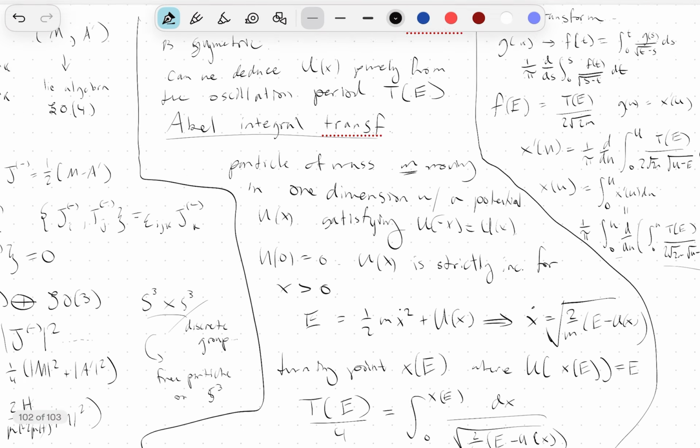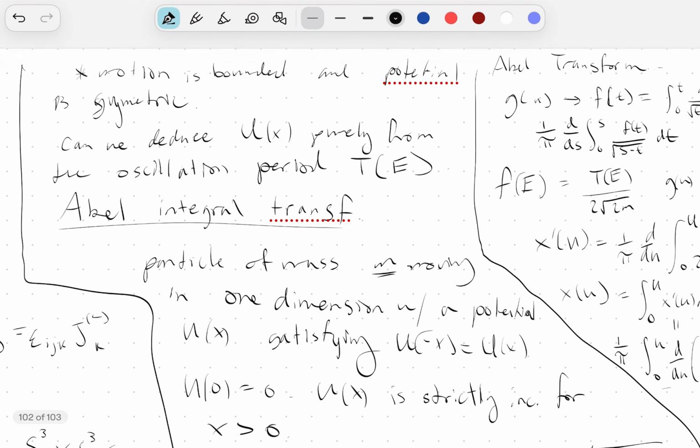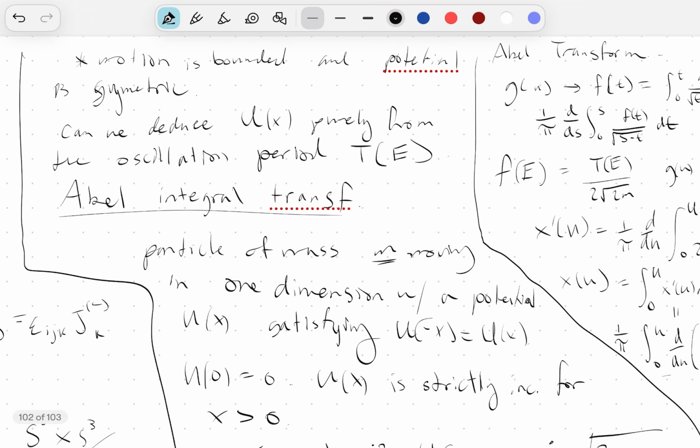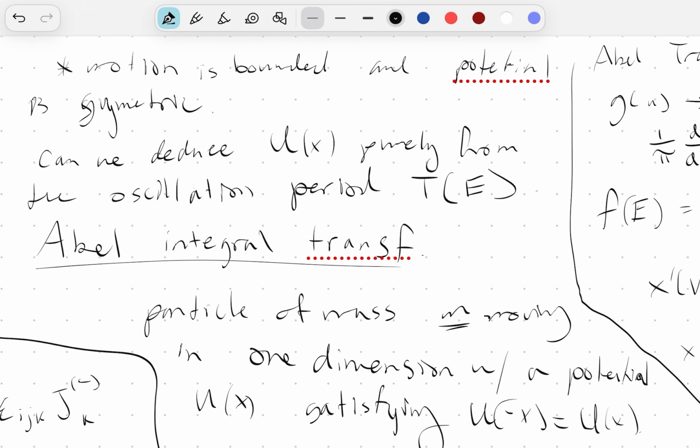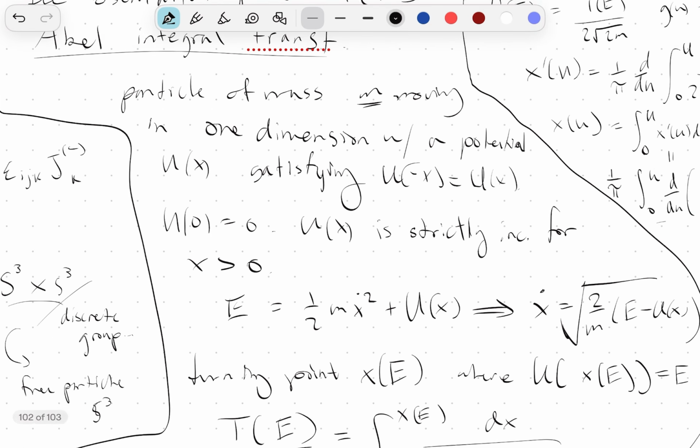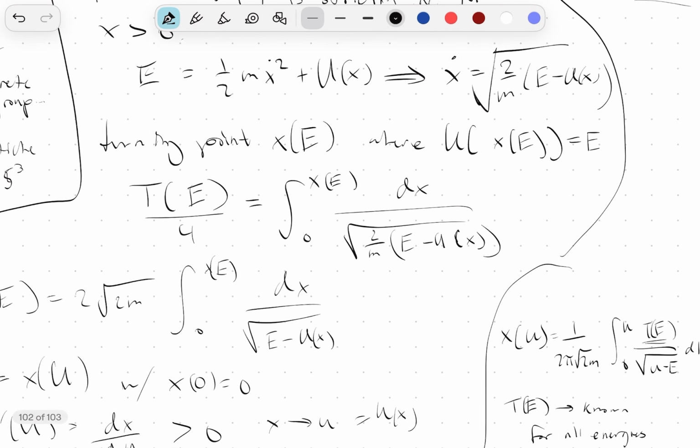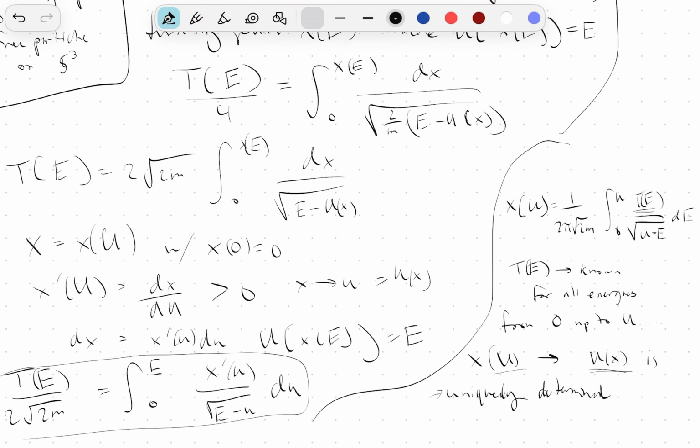And the idea of inverse reconstruction is that we can strip away even the knowledge of the force law, and the mere observation of the period as a function of the energy is enough to recover the shape of the potential. So this is the classic Abel integral equation that can be inverted analytically nicely.